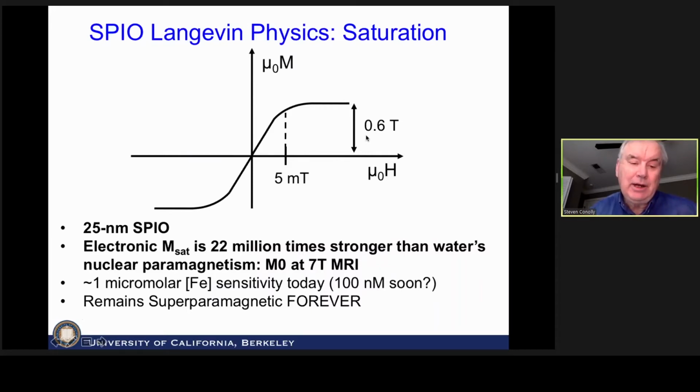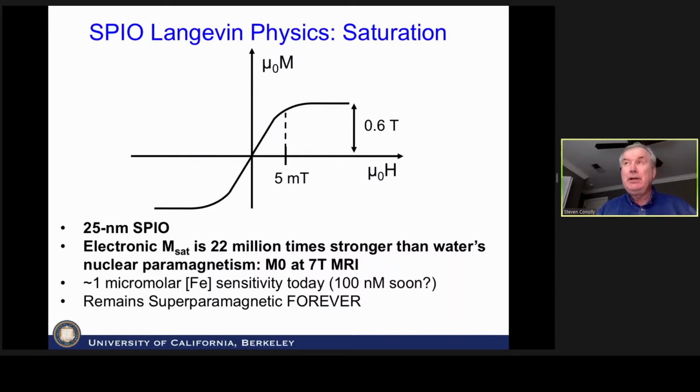This is an electronic magnetization. It's actually 22 million times stronger than what we image in a conventional MRI at 7 Tesla. Their paramagnetism effect is much, much weaker, of course, than the electronic magnetization in a magnetic nanoparticle. And that is why we're getting this remarkable 1 micromolar sensitivity.